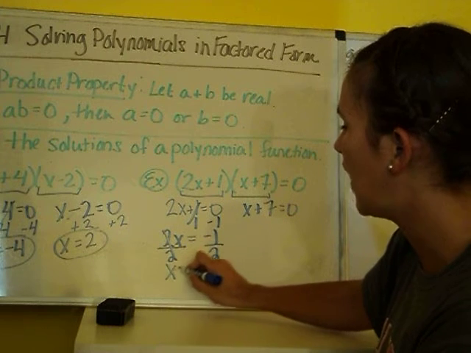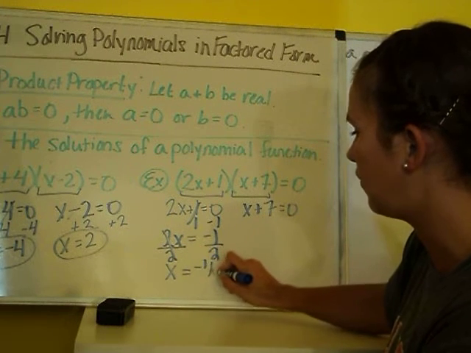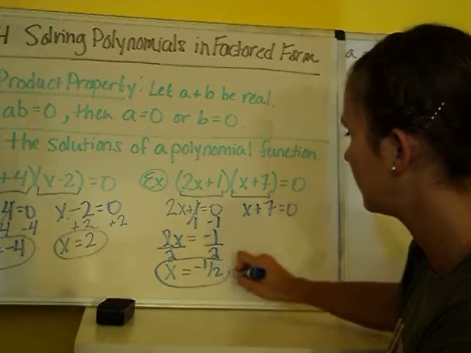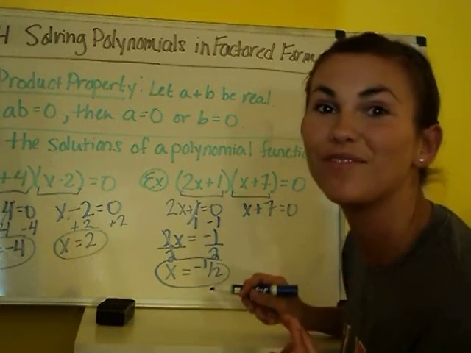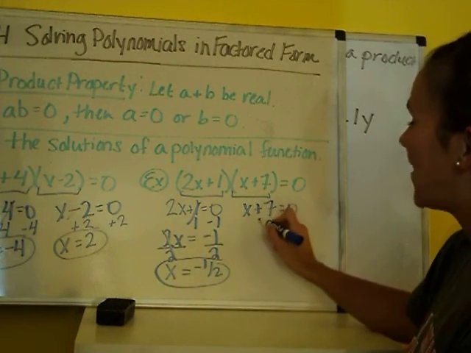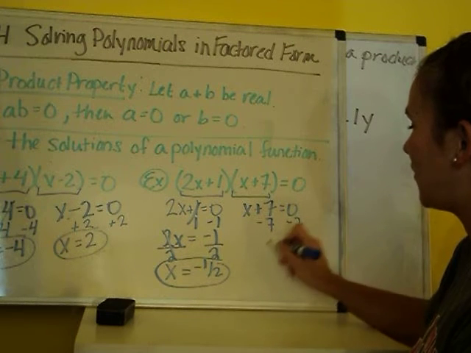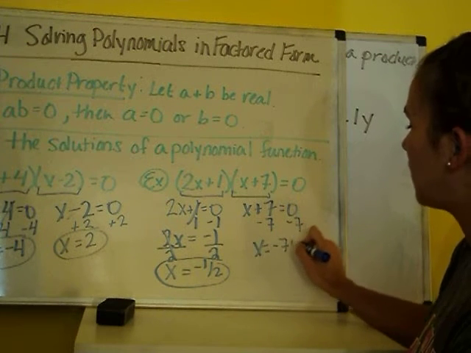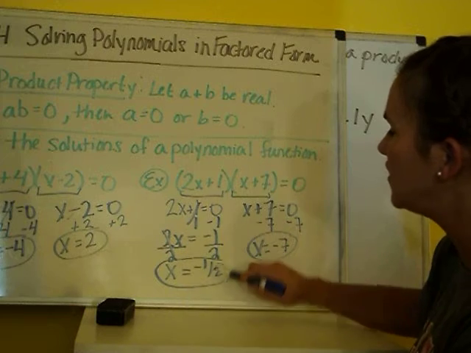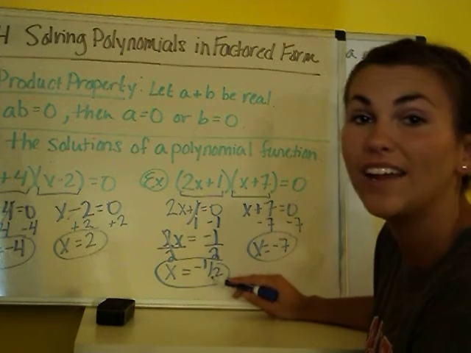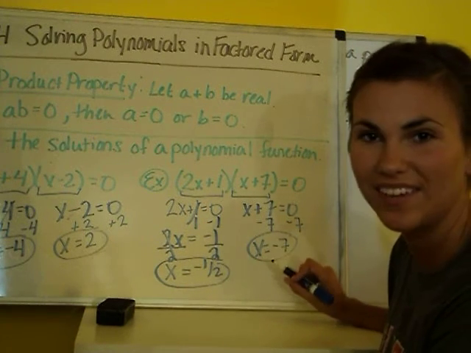That reduces, so x equals negative 1/2. We love fractions. And then right here I have x plus 7, so I subtract 7 on both sides. So x equals negative 7. Our answers here, our roots, are negative 1/2 and negative 7.